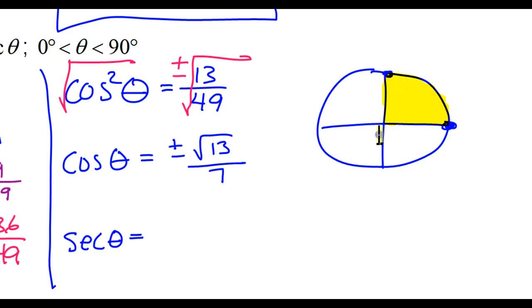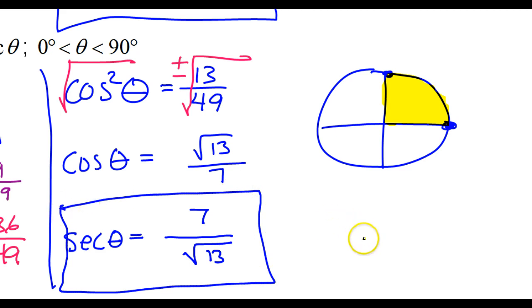All right, and everything is positive in the first quadrant. So we can erase this and just go with positive radical 13 over 7. So like I was saying, secant is the reciprocal, so this will be 7 over radical 13. So that would be the answer.